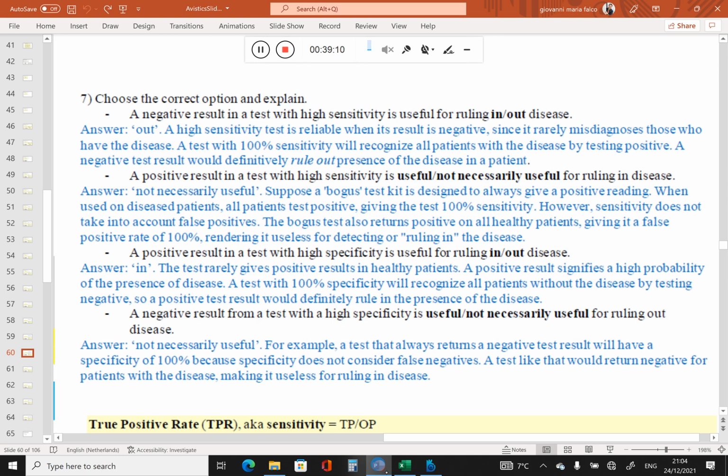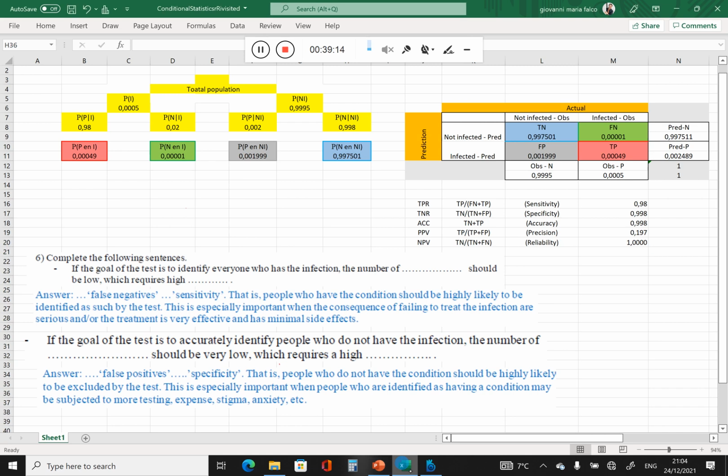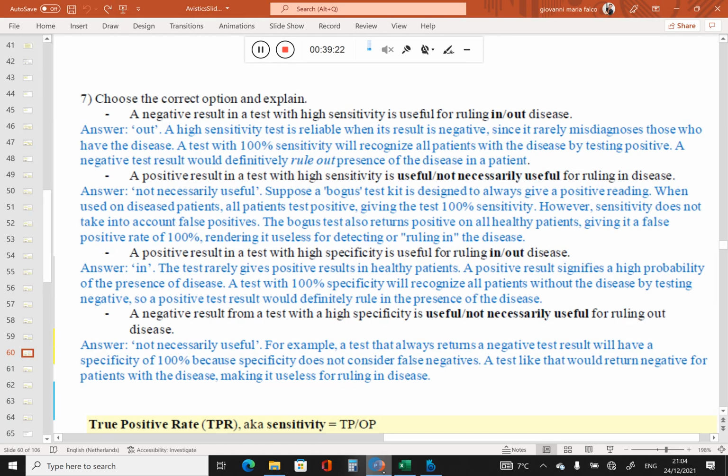So this will have 100% specificity, but does not consider false negatives, because in the definition of the specificity we have no false negatives. They don't play any role. So a negative result in a test with high specificity is not useful for ruling out the disease, because I can still be infected.